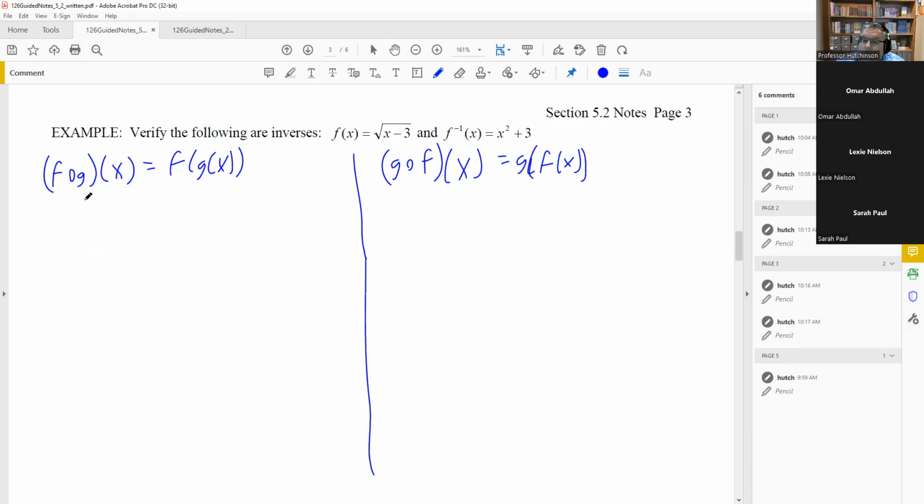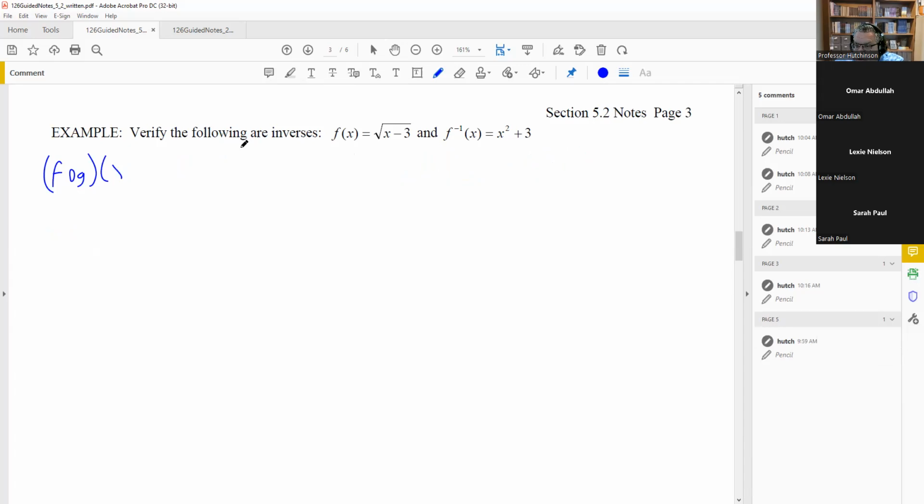We start with the inside. Actually, I apologize, I'm not using the right notation for you guys. I'm supposed to use the correct notation, so sorry about that. I'm using f and g, but let's go ahead and use what was actually given. So really what we're doing here is f, I'm just going to write it out this way.